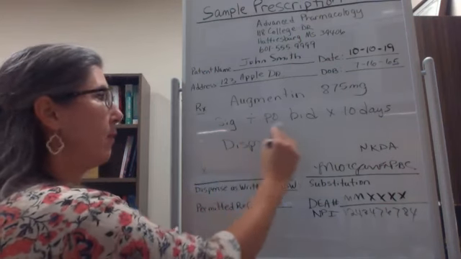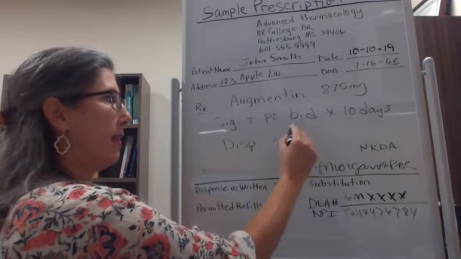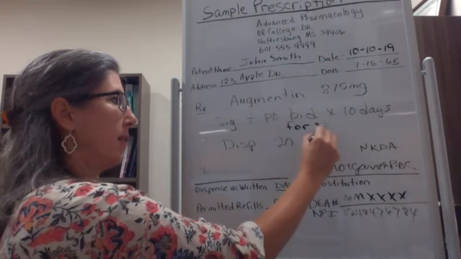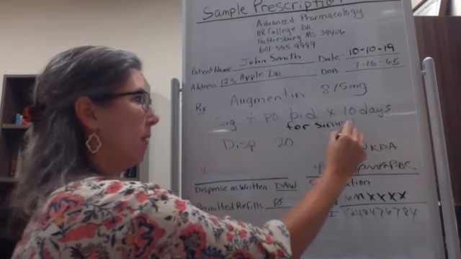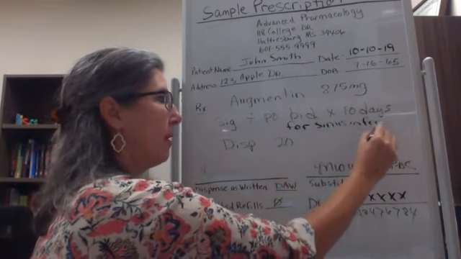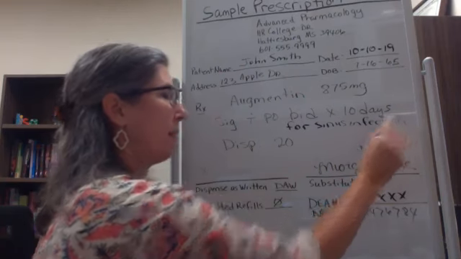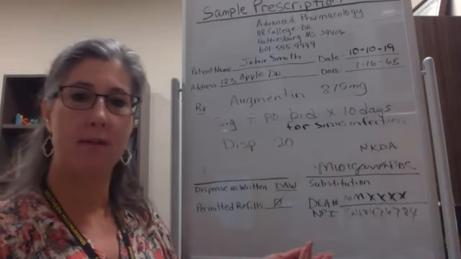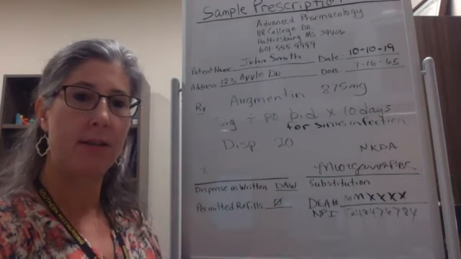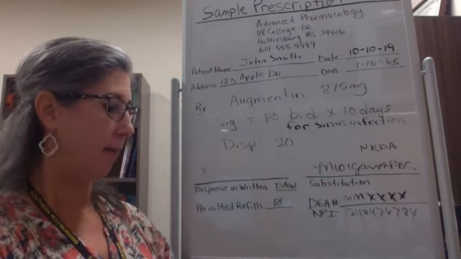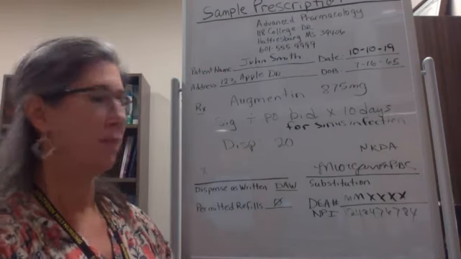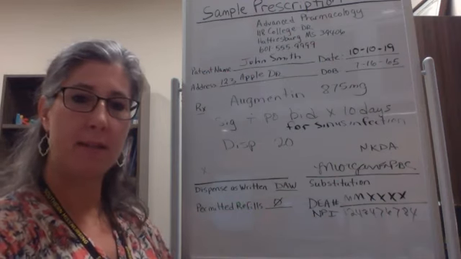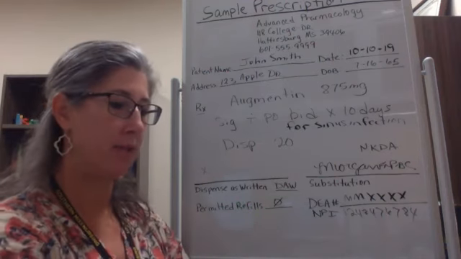I could say 1 PO/BID times 10 days for sinus infection. And that will help the pharmacist to know the reason that you're giving the medication. They may be able to give some education to the patient. It helps them to know potential interactions or side effects that they may need to discuss with the patient.